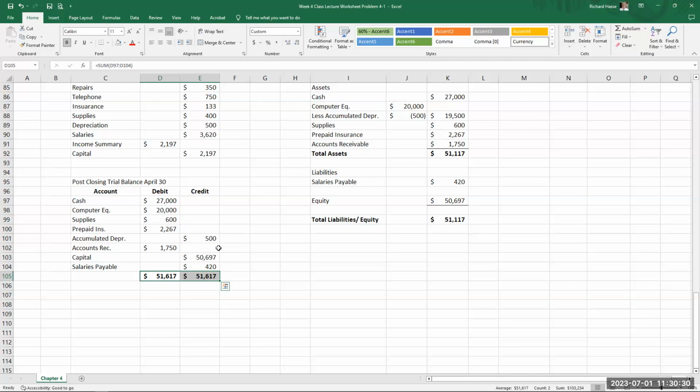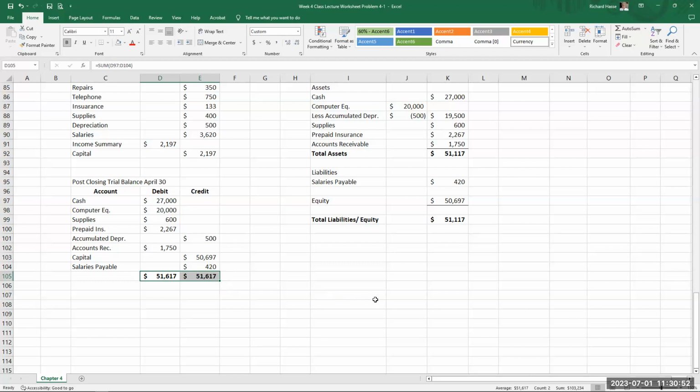Journal entries, post to the ledger, adjusting entries, post to the ledger, adjusted trial balance, financial statements, closing entries, post-closing trial balance. This is financial accounting. That's this process.